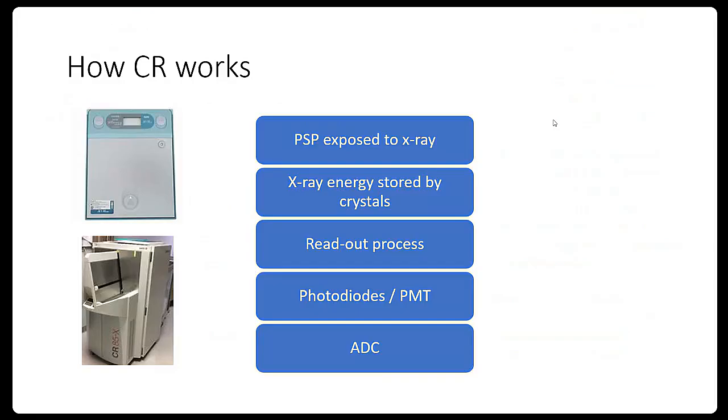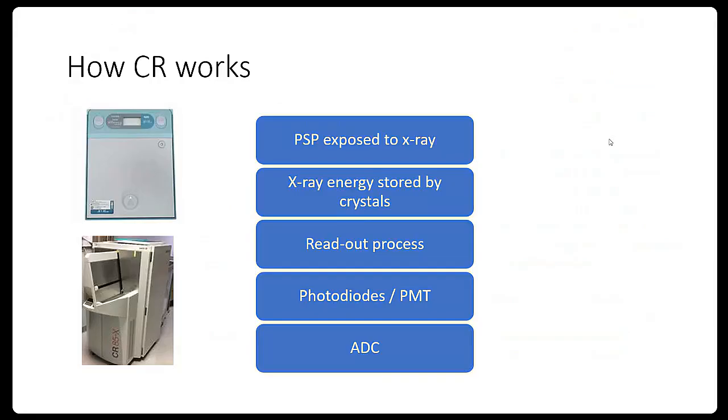The X-ray energy is absorbed and temporarily stored by the crystals within the PSP plate. The PSP plate contains photostimulable crystals. These crystals absorb and store the X-ray energy. So the PSP plate is exposed to X-ray, and the X-ray energy is stored by these crystals.